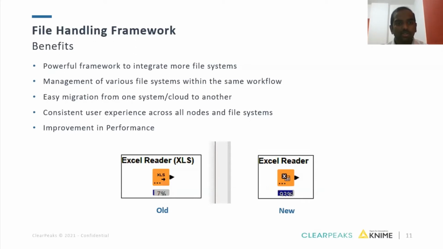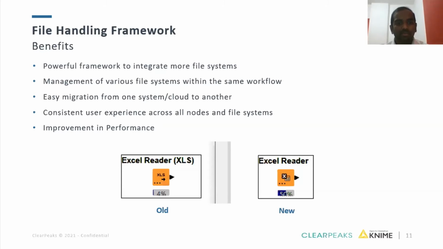In addition to that, you also get to integrate with more and more file systems like Google Cloud, Azure Storage, or your local on-premise file system or a SharePoint, whatever it is. So it's easy to connect to different file systems out there, and it is also easy to shift from one platform to another platform, which I would be demoing in the upcoming slides.